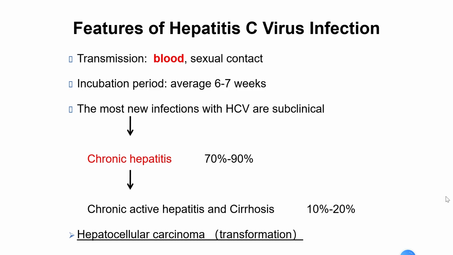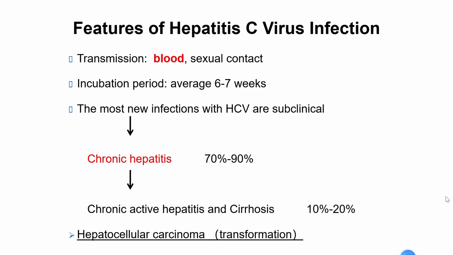And most new infections with HCV are subclinical. They don't develop symptoms. And of those with symptoms, some would develop chronic hepatitis. That includes like 70 to 90%. And only a small portion of those chronic hepatitis patients would develop into cirrhosis.